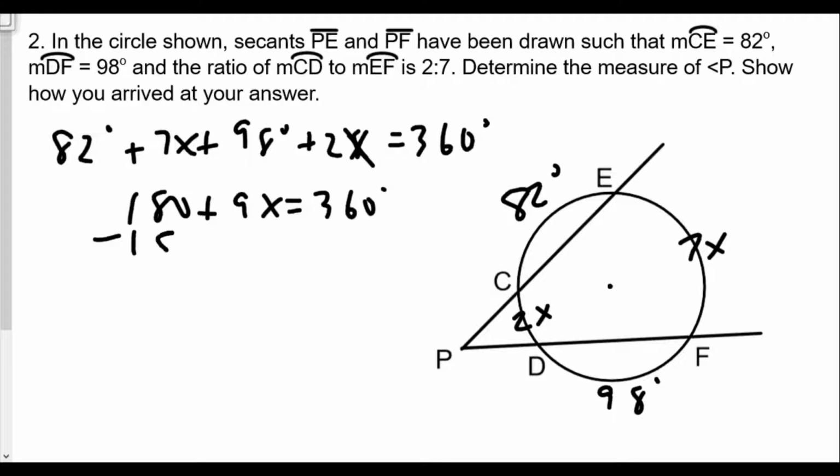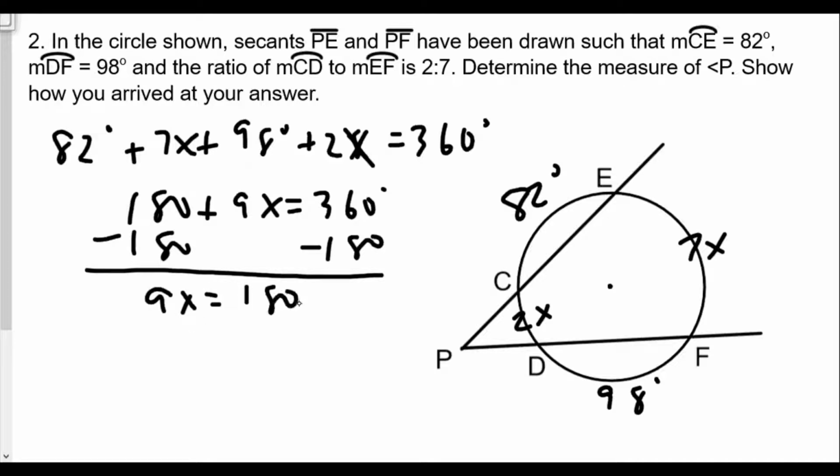Subtracting 180 from both sides, we'll have 9x equals 180, or x equals 20, because in this case we divide both sides by 9. Let me show that work here. So we're going to divide both sides by 9 to get x equals 20.